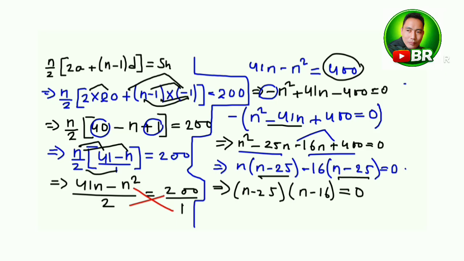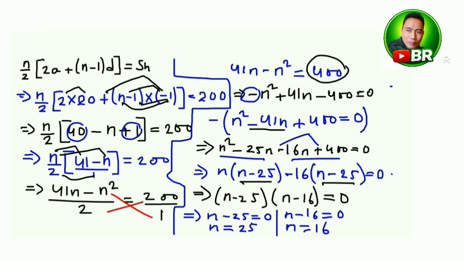Making n minus 25 equal to 0, we obtain n equal to 25. Again making n minus 16 equal to 0, we obtain n equal to 16.